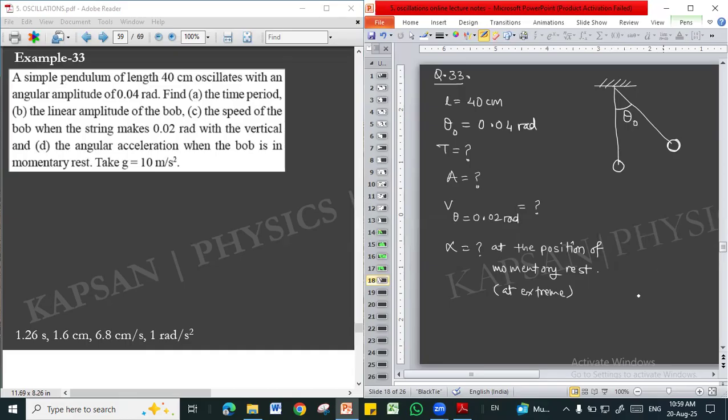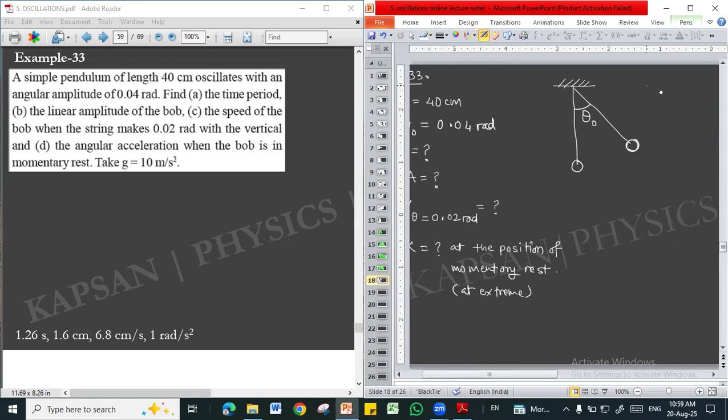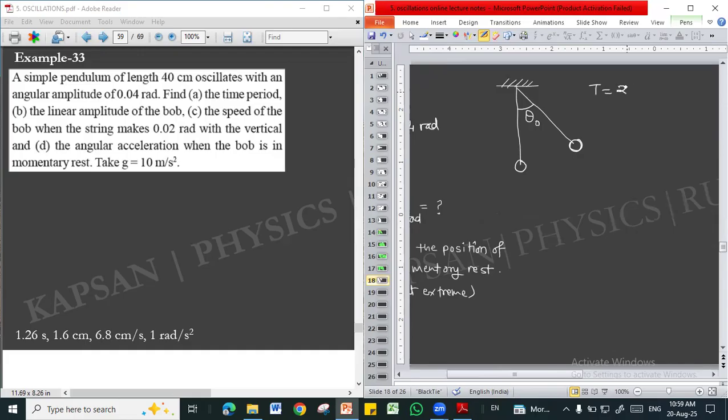Okay, what is the time period of the pendulum? Because the oscillations are small, the time period is independent of the amplitude. So you can simply write 2 pi into root of L upon g. So it will be 2 pi into root of 40 centimeter upon g, g is 10.